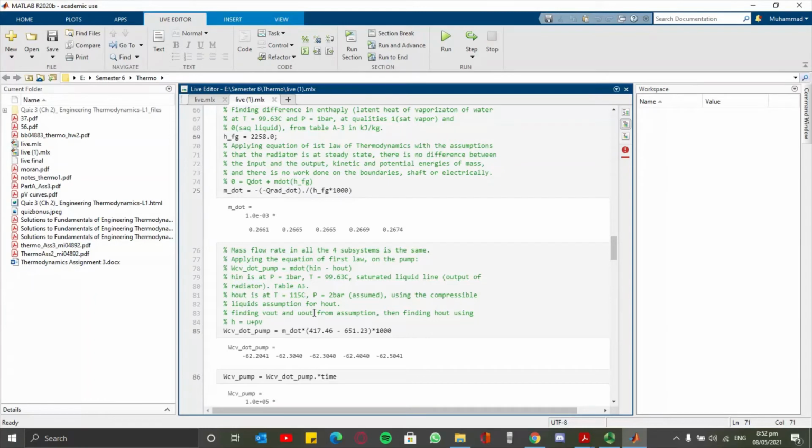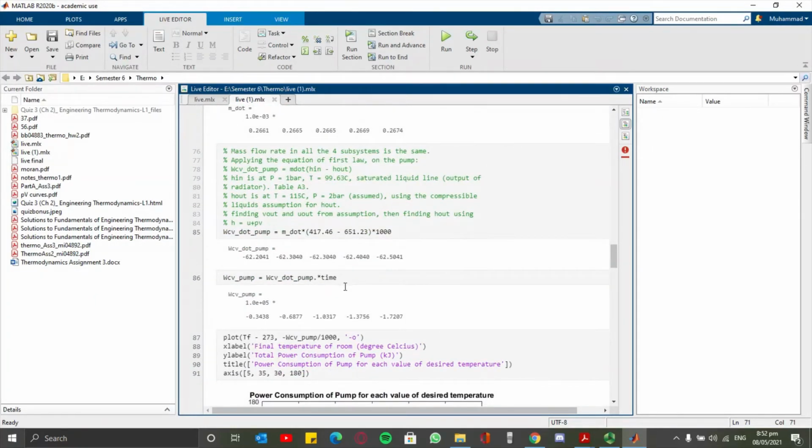So for the analysis of the pump, we know the entering and exiting state, and from the table we took the enthalpies of it, and with the help of the first law equation, simplified by some assumptions which we took, that kinetic energy is the same, inflow and outflow mass is the same, potential energy is the same, and we know M dot, H in, H out and states from the table, so we get W for each state.